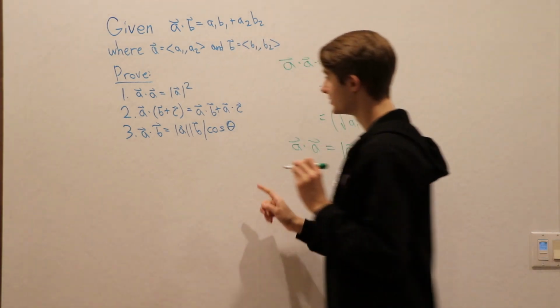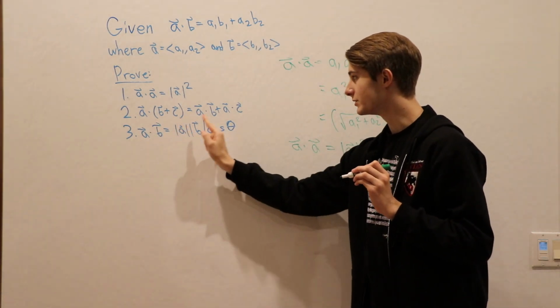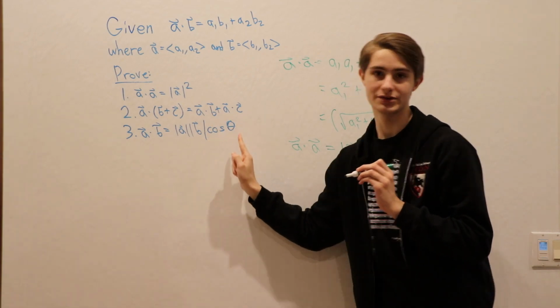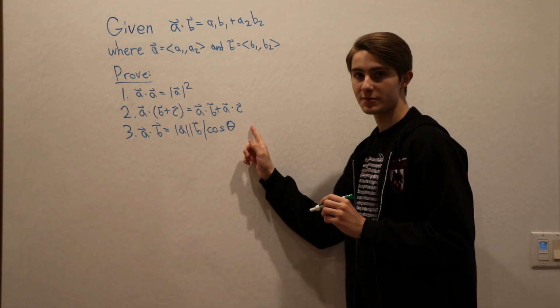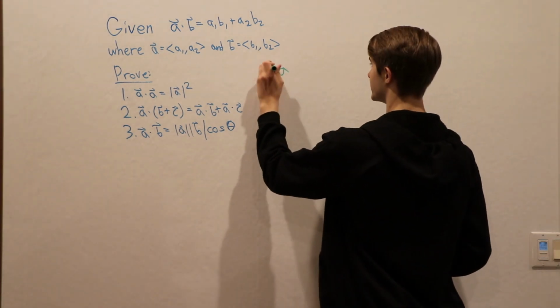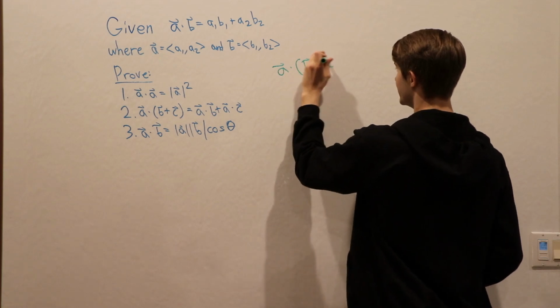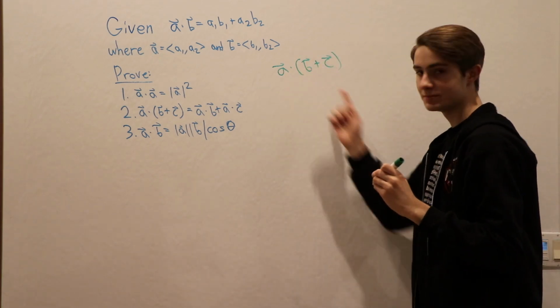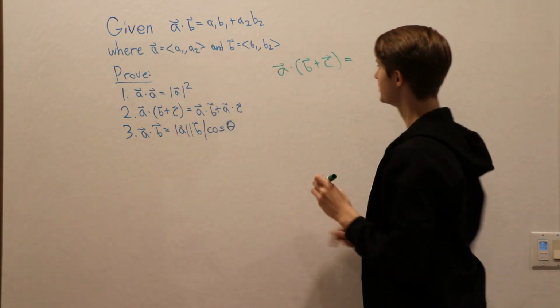So now let's move on to the second one, that A dot (B plus C) equals A dot B plus A dot C. So for this property, we're going to again just start out by looking at what our first expression is. A dot (B plus C). Well, we can write this out using our definition.